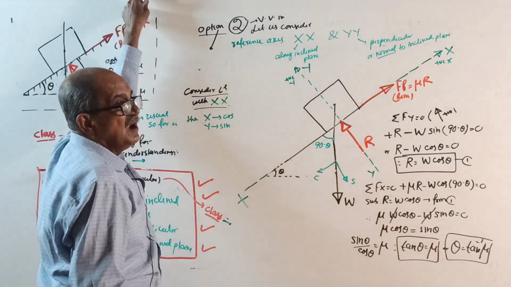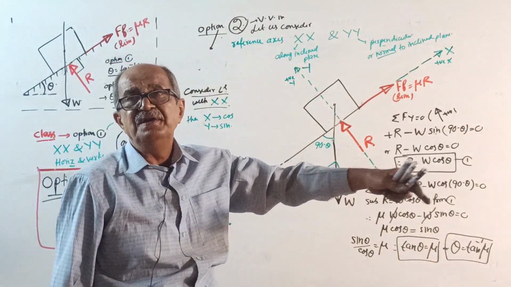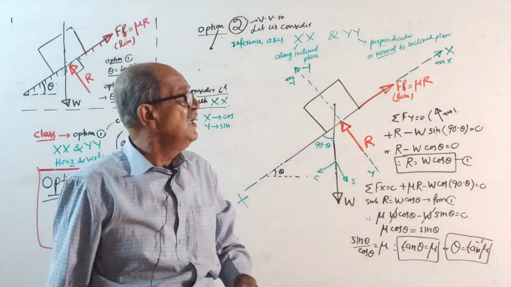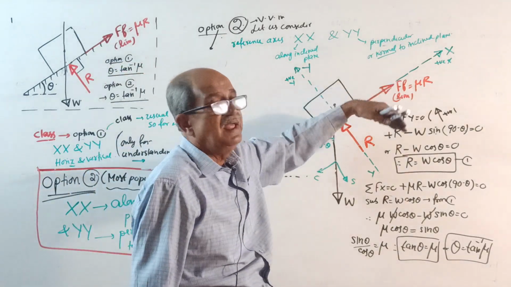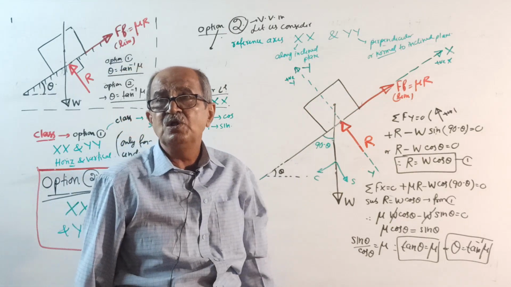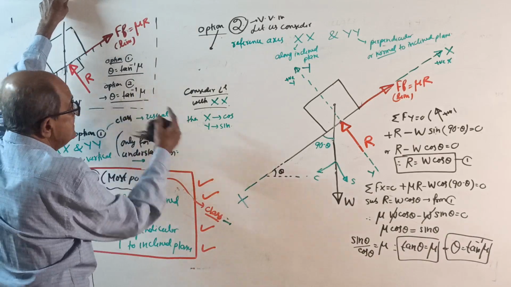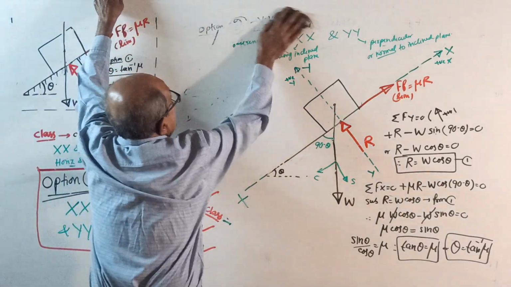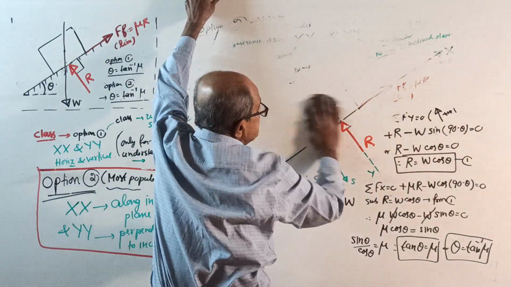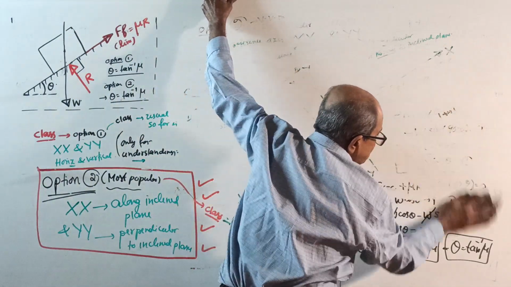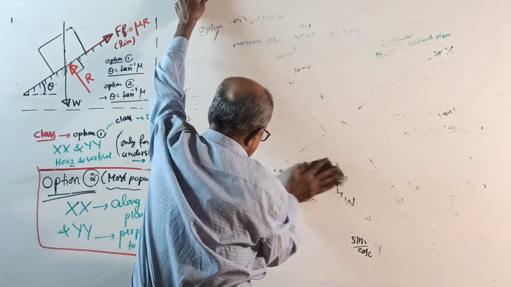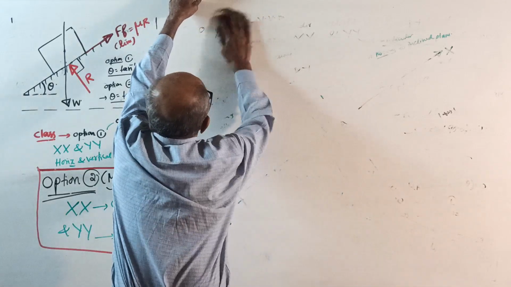Whether you consider x horizontal, y vertical, option 1, or x along the plane, y perpendicular or normal to the plane, whatever you do, finally you got theta is tan inverse mu. Now, common continuation. See, now right here.